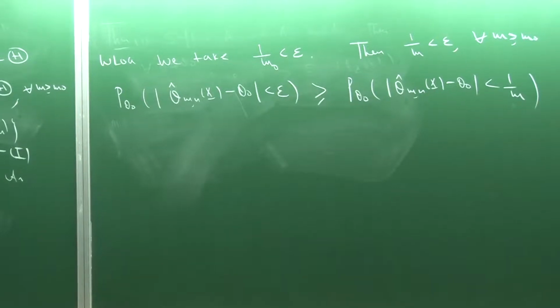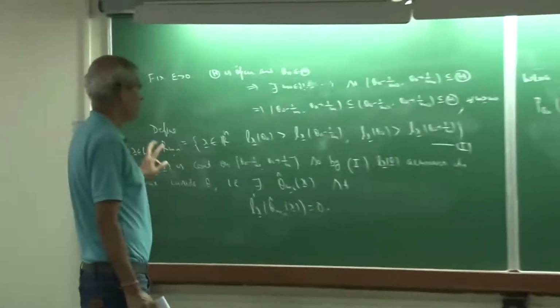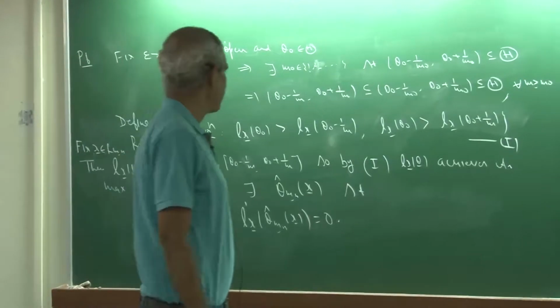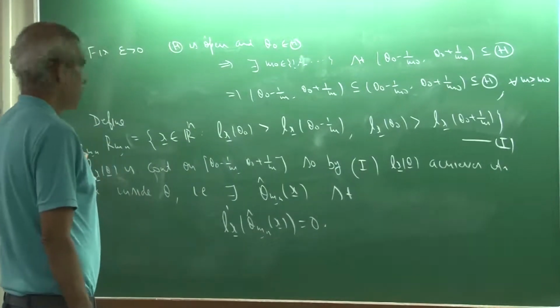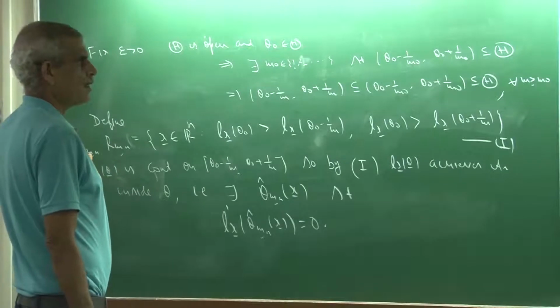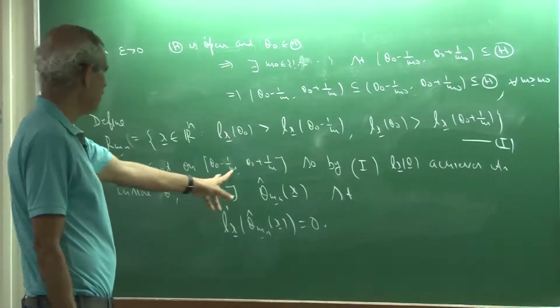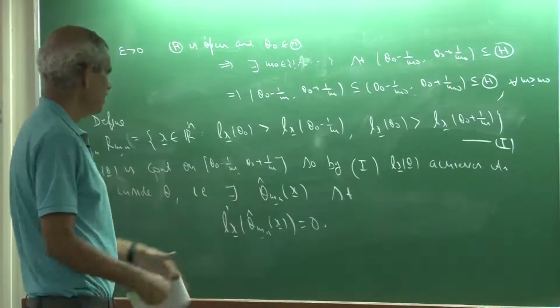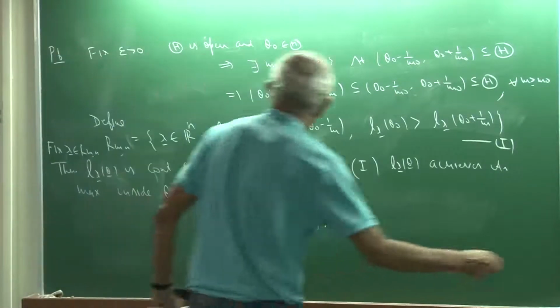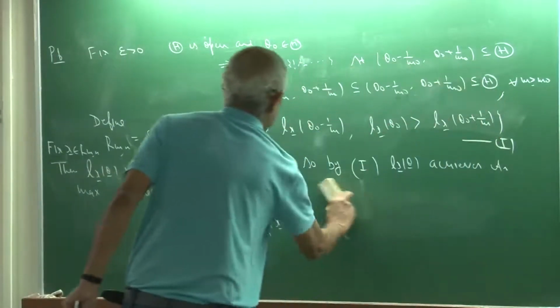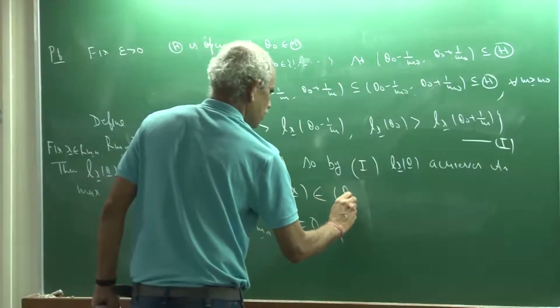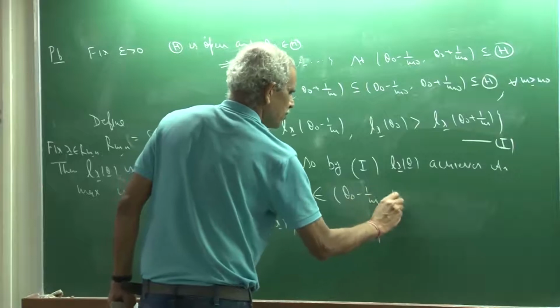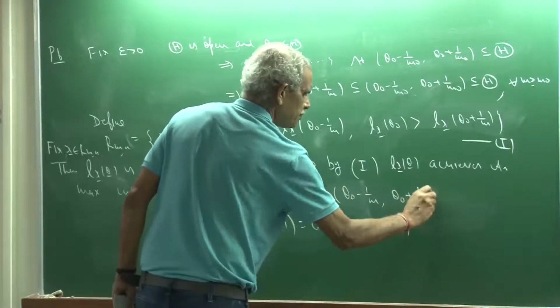But you know that if x belongs to Rmn, then this theta hat mn lies in the interval. So there exists a theta hat mn, and this has to be in the interior of this interval. So theta hat mn belongs to theta naught minus 1 by m, theta naught plus 1 by m.